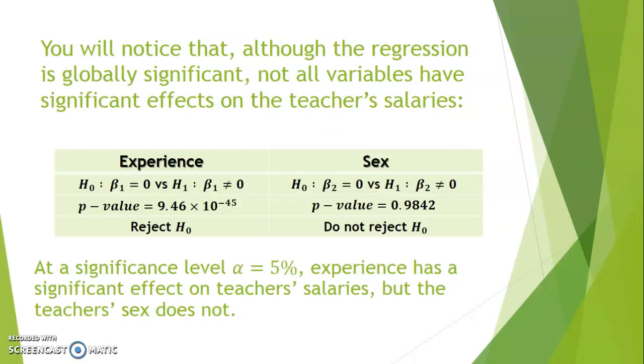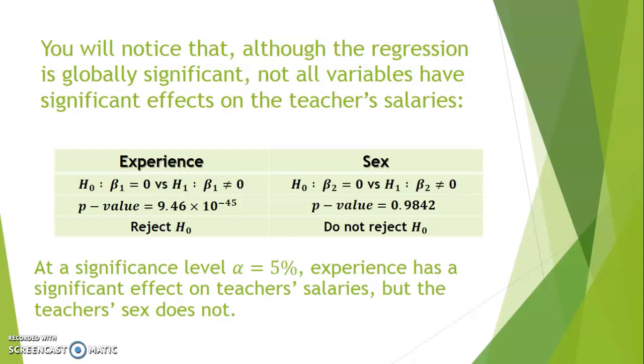Although the regression was deemed globally significant, you've noticed that not all variables have significant effects on the teacher's salaries. For example, experience did allow the rejection of H0 with a p-value that was extremely small. Therefore, we can accept that beta 1 is clearly not 0.